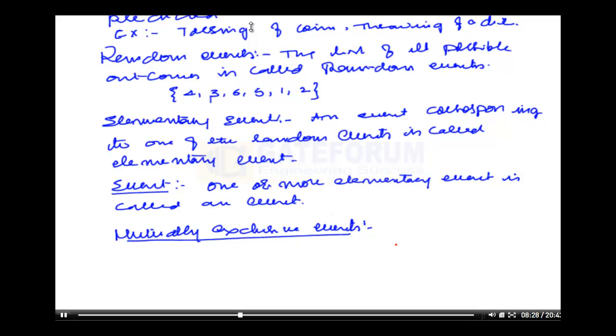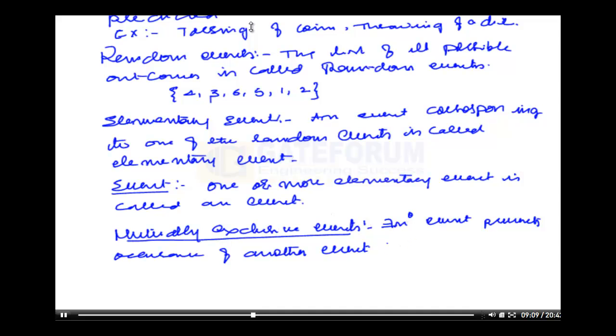We can define it like this: occurrence of an event prevents occurrence of another event.